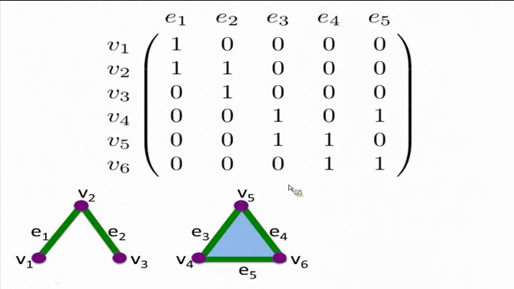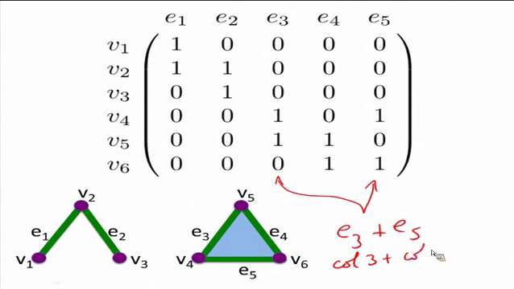And now I'm going to do the column operation, where in this particular case, I'll do E3 plus E5. In other words, I'm doing column 3 plus column 5 and putting it into column 5. So I'll add these two columns to get this thing to be 0 right here, standard column operations.